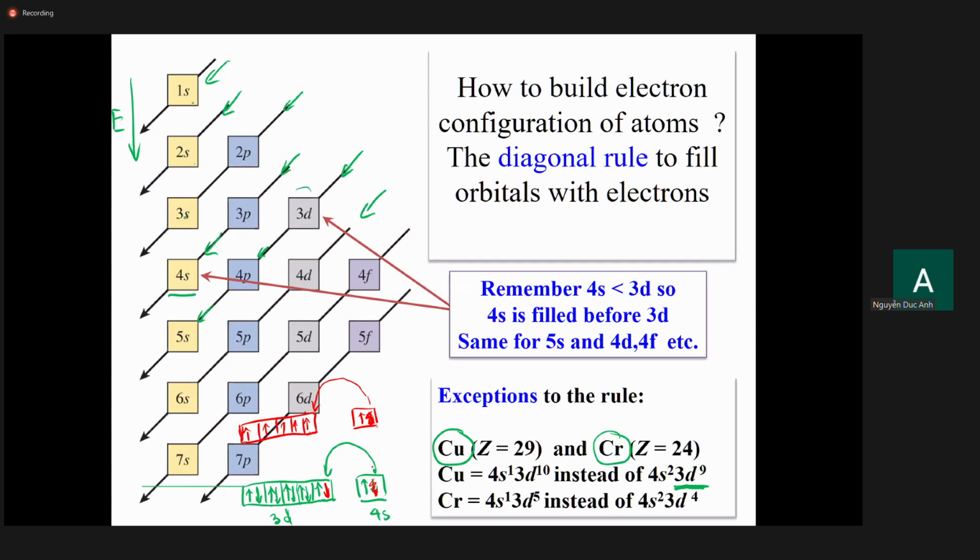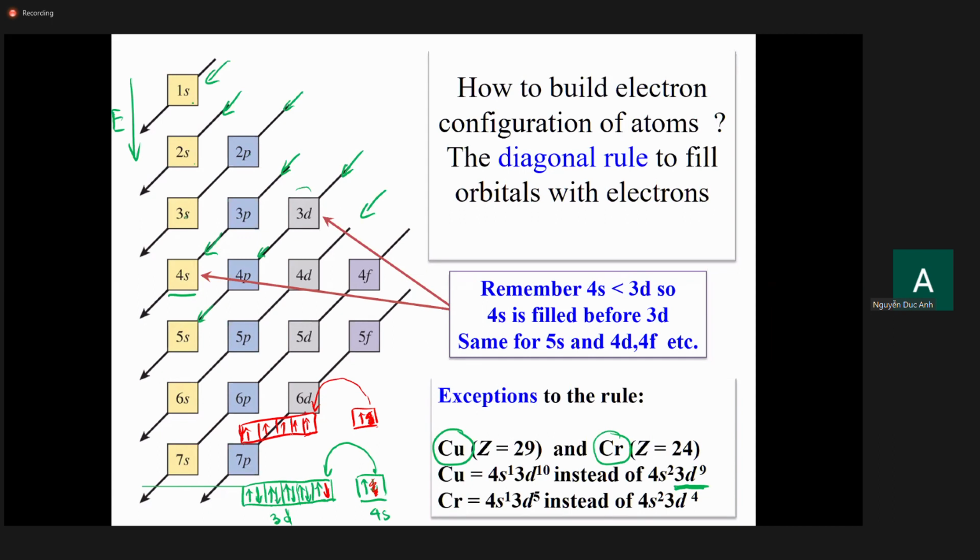In that case, they prefer to get one more electron from 4s to fulfill it, to avoid the degeneracy of energy of the 3d. Actually, 3d and 4s have very similar energy levels. So for that kind of structure with a lack of one electron in the d orbitals, these elements prefer to get one more electron from 4s, moving in to fulfill the d orbitals.